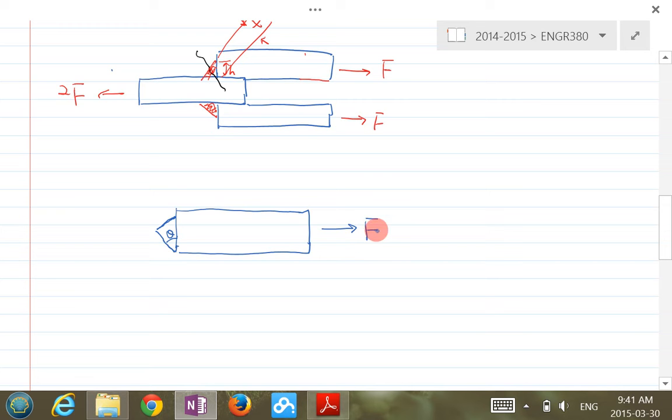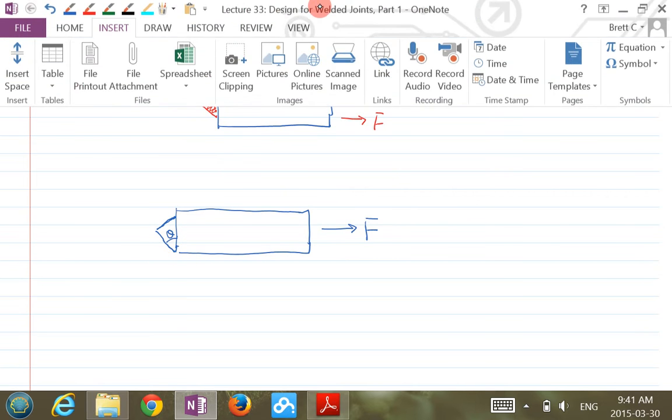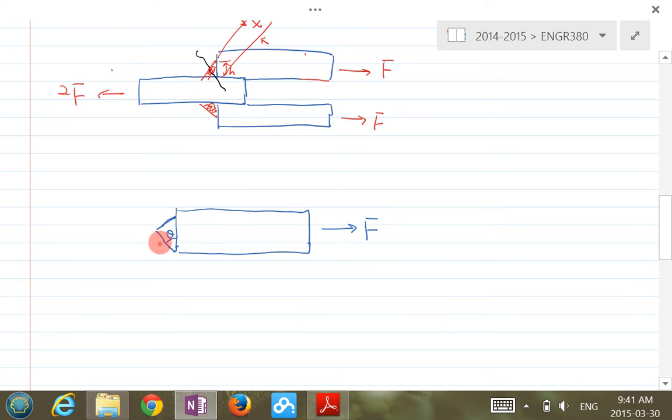Now, you cut it here. This piece should still be in equilibrium. Then at this cutting cross section, we should have two forces. One is this way, let's call it Fs, and the other one is this way, let's call it Fn.